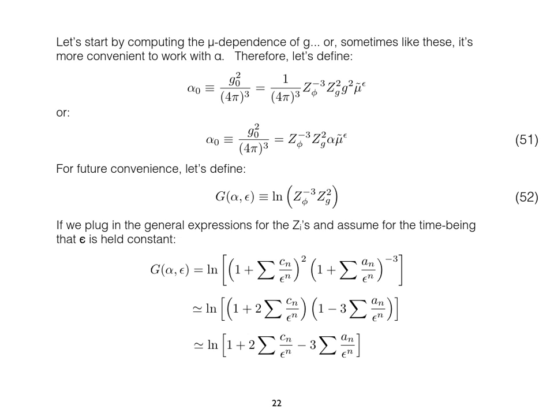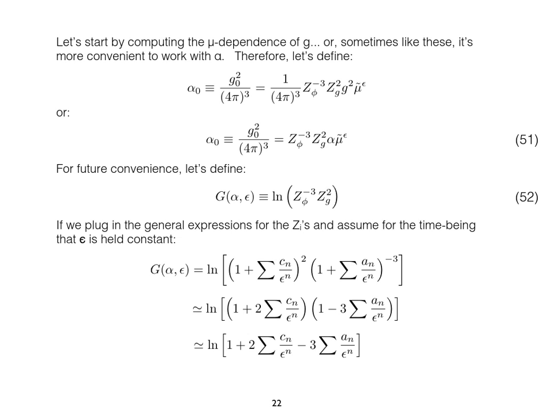So what I get is a relationship between alpha in the bare theory and alpha in the renormalized theory. And for future convenience, we're going to take this natural log and group the counterterms in one natural log. Okay, we're going to call this function g, and remember it's a function of alpha, but it's also a function of the poles, or the epsilon parameter.